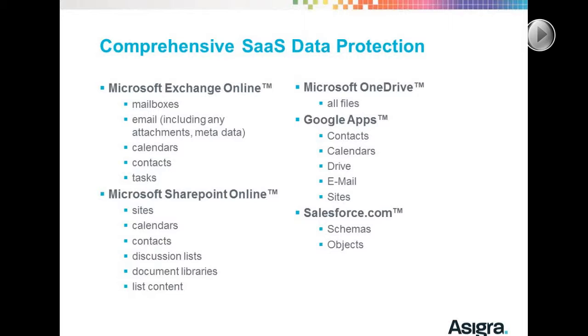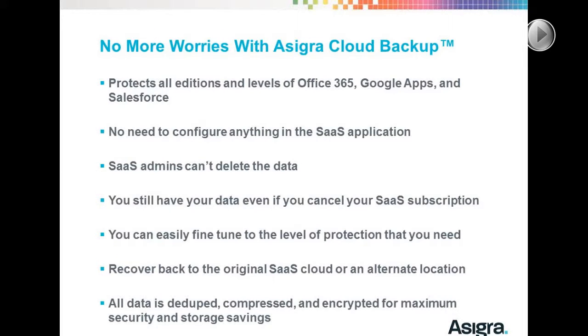So how does this address the problems that I raised earlier when speaking about Office 365, Google Apps, and Salesforce? Well, for one thing, Asigra Cloud Backup protects all editions and levels of Office 365, Google Apps, and Salesforce. So there's no need to pay for the most expensive edition to get the data protection you want. Regardless of what edition you have, Asigra Cloud Backup will protect it uniformly.